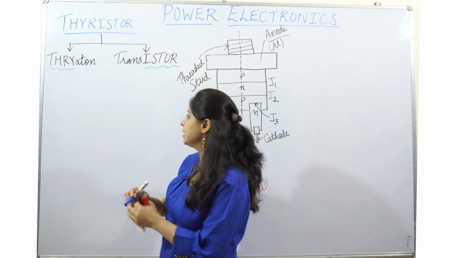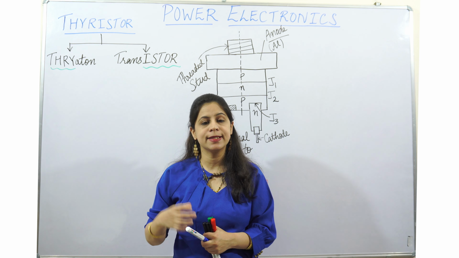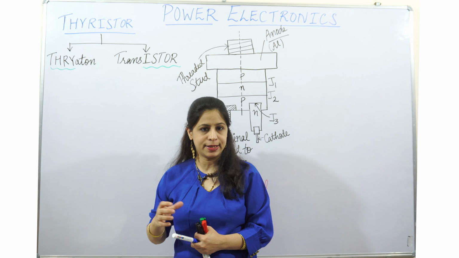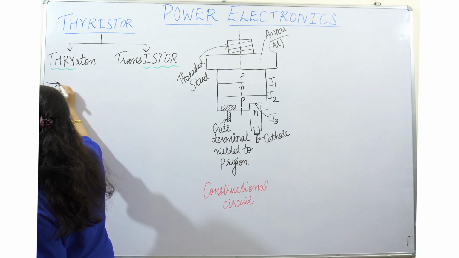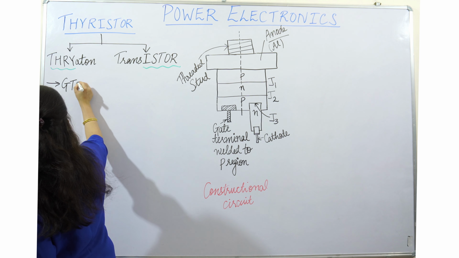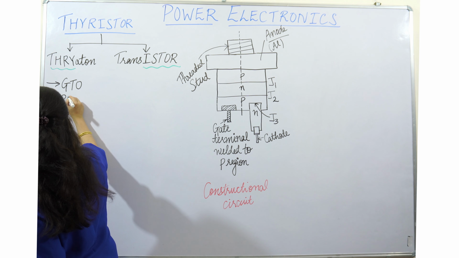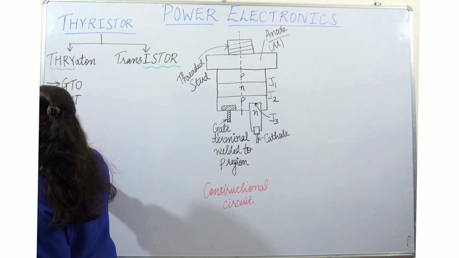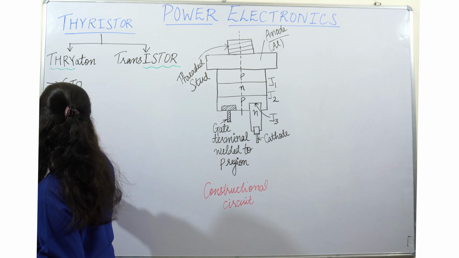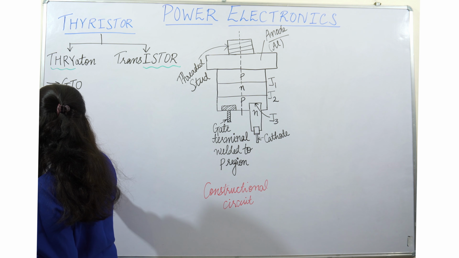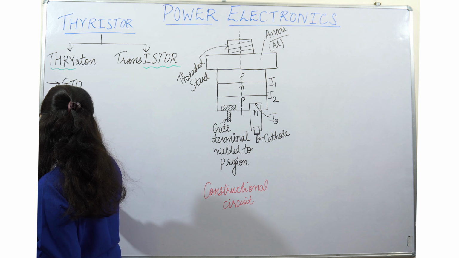Okay, so now let us see what all devices come into the group thyristor. The devices which come into the group thyristor are GTO, then PUT, then diode, triac, and SCR.